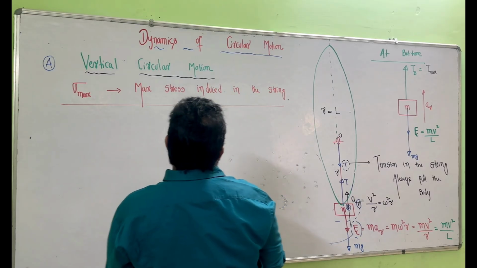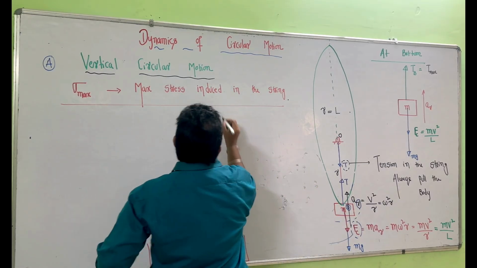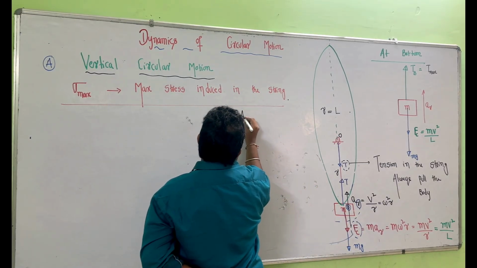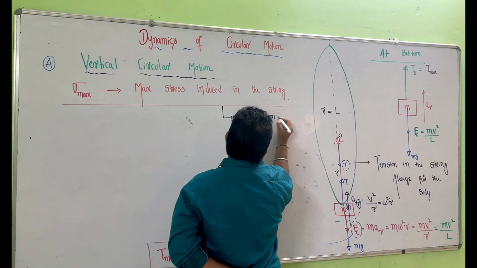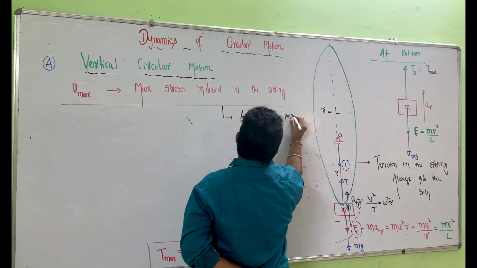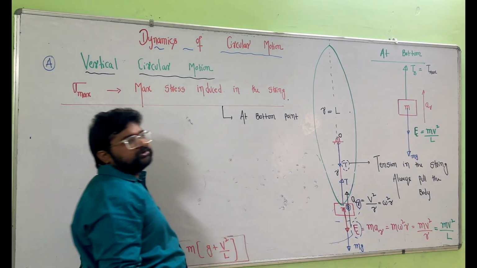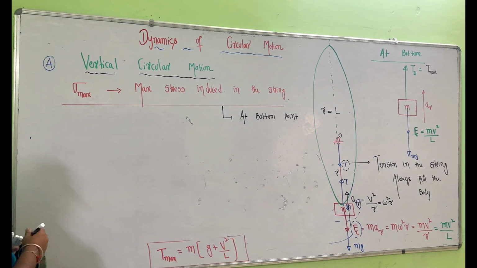What is the maximum stress induced in the string? This is at the bottom point. Minimum stress is induced in the string at the top, when the point mass is at the top point.